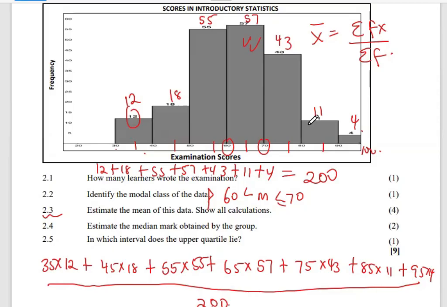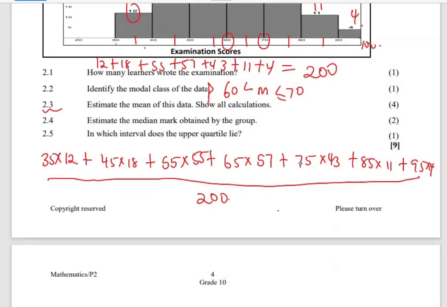We're dividing this by 200. So I'm getting 62,5 as my answer. Okay, that's 62,5. So you can draw the table and get the intervals, find the frequency, midpoint, and all of that, but I prefer to use this.